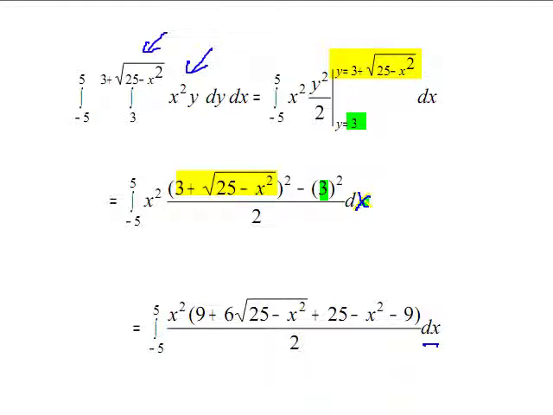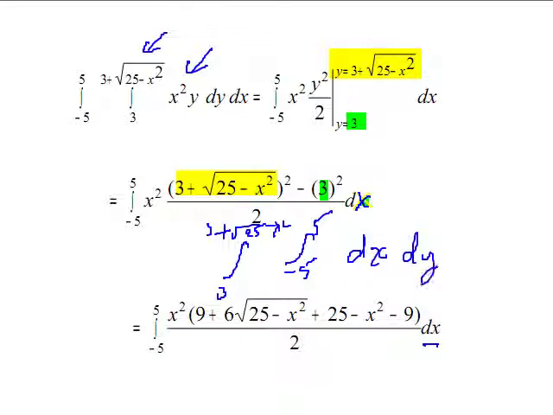You have to go back and look at your original diagram and find new limits. And that's the subject of another lecture. So what I'm saying you cannot do is this: put the y limits outside and then integrate dx dy. You can't do that because the most outside limits have to be constants.